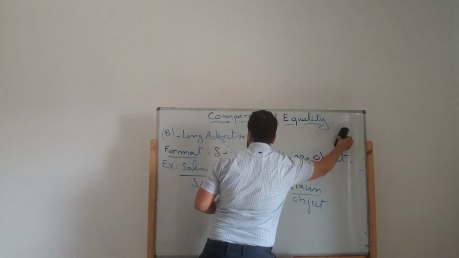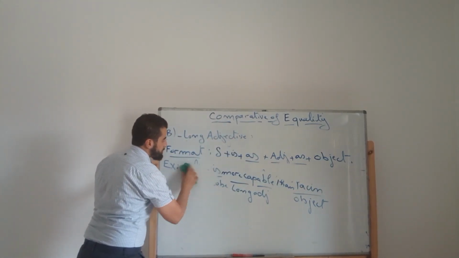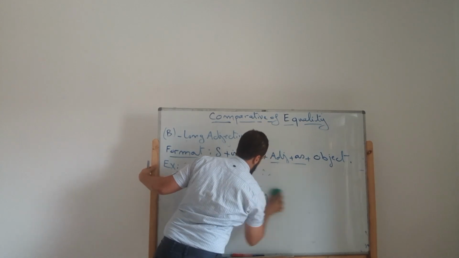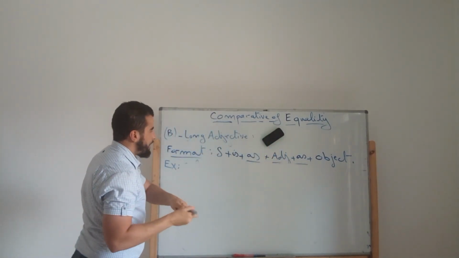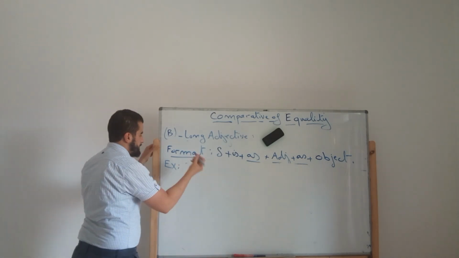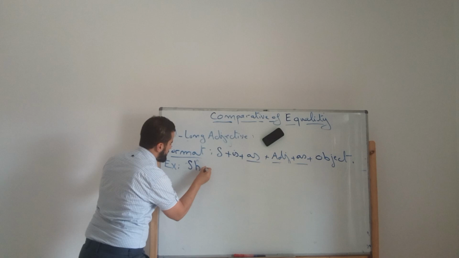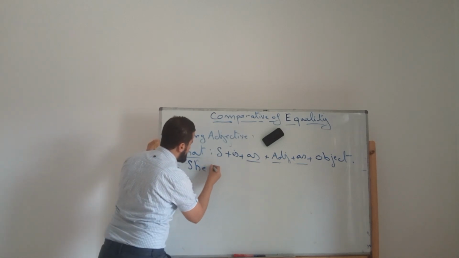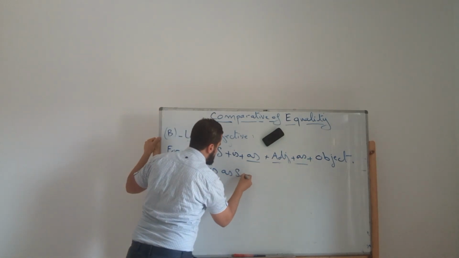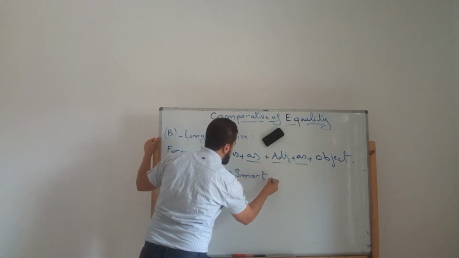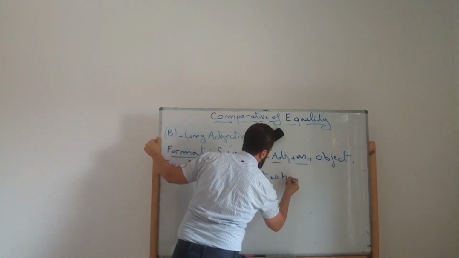This is it. Subject is as, adjective, as, object. Let me write an example so that you can understand. For example, she is as smart as her friend.